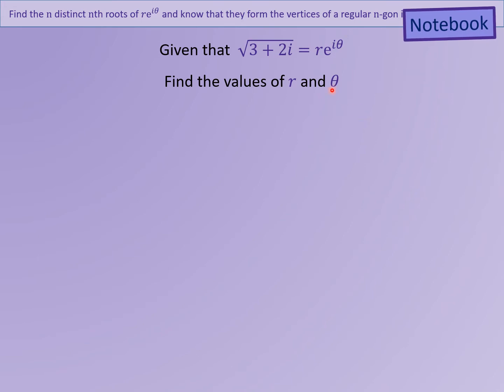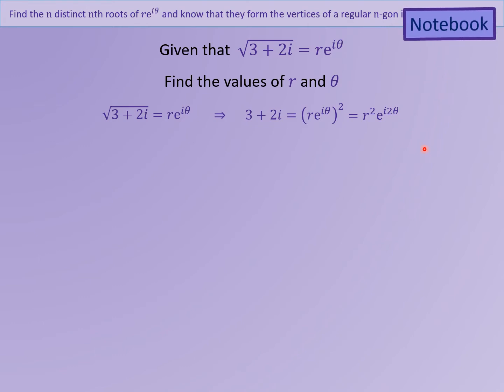Now, the first thing we do is exactly the same as what we did in the previous example. We can say because the square root equals re to the i theta, I could square both sides. And if I square both sides, I've got 3 plus 2i equals re to the i theta squared. Now, because that's squared, my laws of indices say I can put these two together, so I can write that as r squared e to the 2i theta.